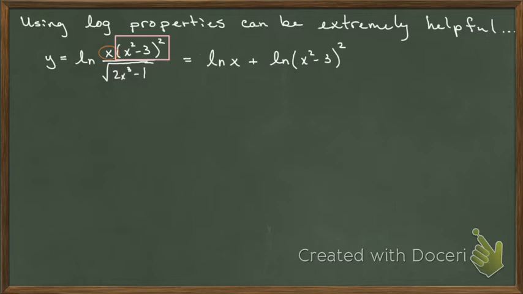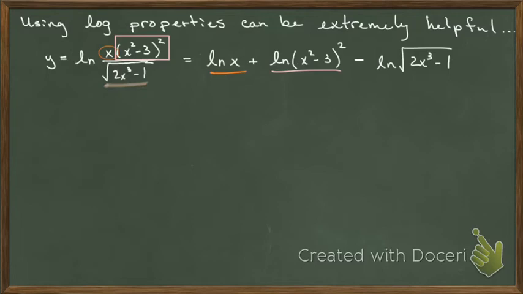Okay, we can break apart the log of a product as the sum of the logs there. The quotient part we'll be able to write as subtraction. So we'll say that this is minus natural log of the square root of 2x cubed minus 1. Okay? So I've used log properties to my advantage here to help me write this in a more manageable way. I can take derivatives a bit easier when I've just got individual components like this.